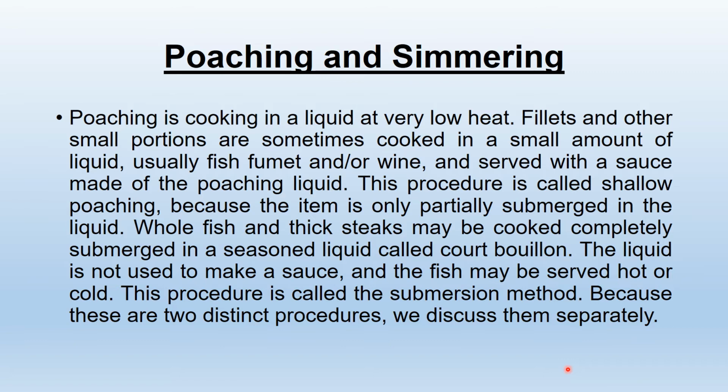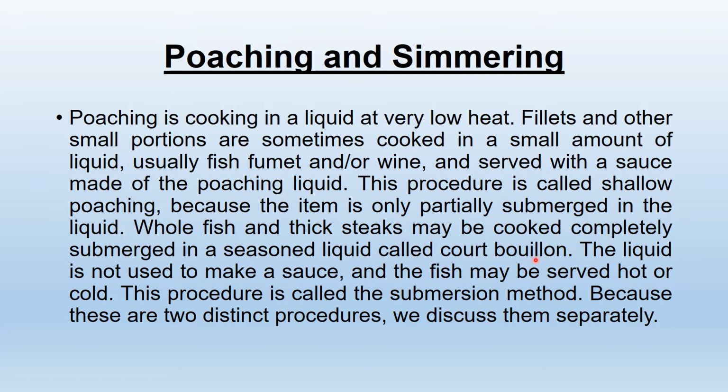So over here we see that fillets or small portions of fish are cooked by using fish fumet or wine, or in some cases combined, and they are served with a sauce made with the same liquid used for poaching. And in other cases, when they do whole fish or big fish fillets, they use a liquid which is called a court-bouillon.